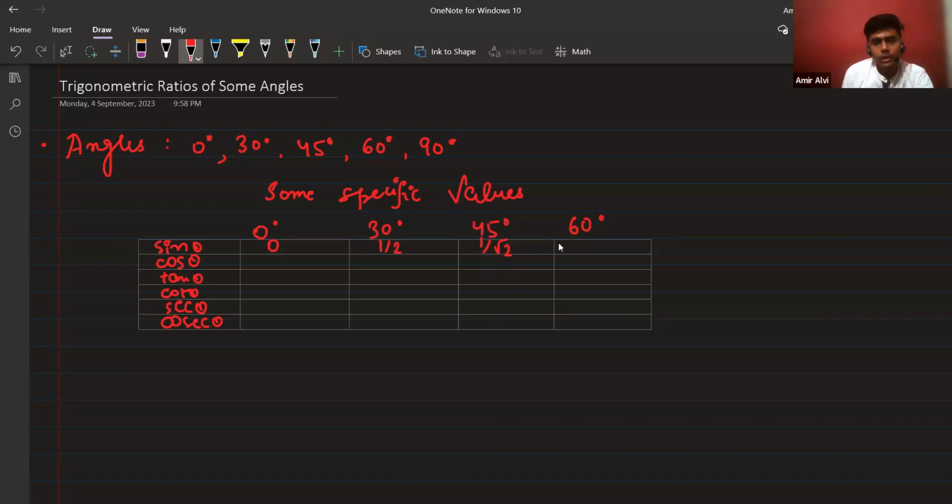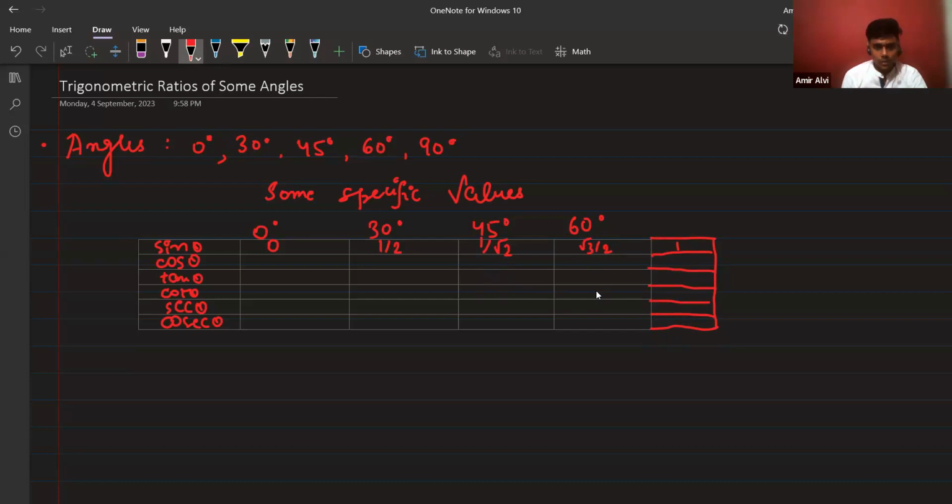Yes, sir. Okay. Sin 60 would be root 3 by 2. Sin 90, can you guess what would be sin 90? Sin 90 would be 1.